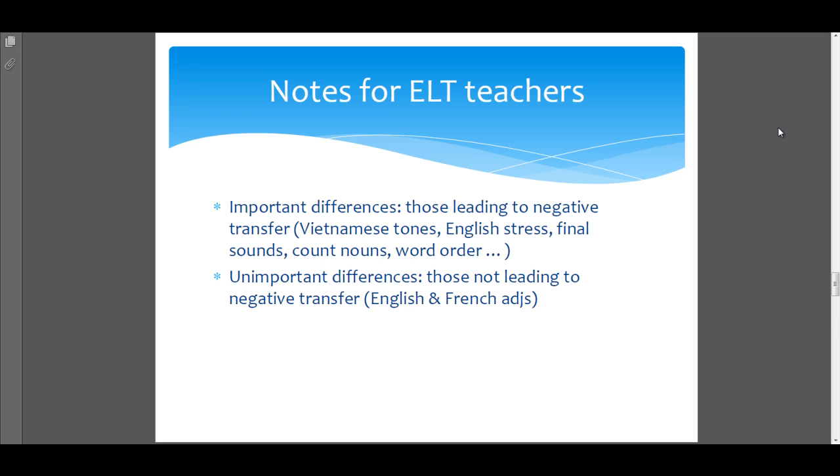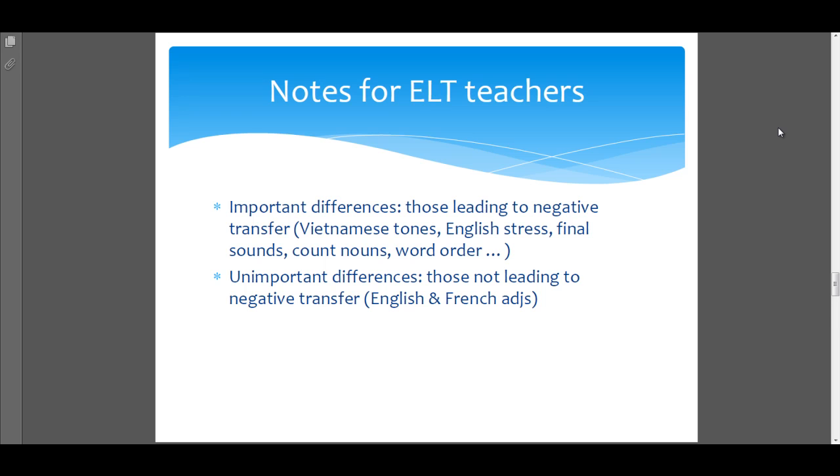Now, for important differences, the kinds of differences across language pairs that can lead to negative transfer, it's important for us to focus our attention on these categories. For example, Vietnamese tones, English stress, final sounds, word order in English can be problems for Vietnamese language learners, and it's worthwhile for teachers to spend a lot of time drawing students' attention to this area.